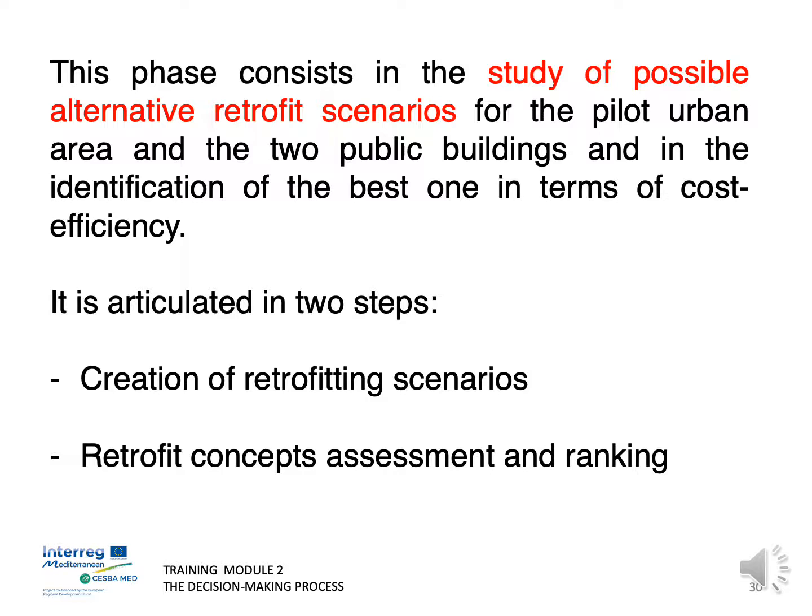So let us give more details of what we mean by this. The fifth phase consists of the study of possible alternative retrofit scenarios for the pilot urban area and the 2 public buildings selected. In addition, one would need also to identify the best solution in terms of cost efficiency.